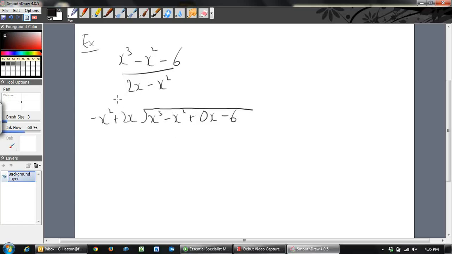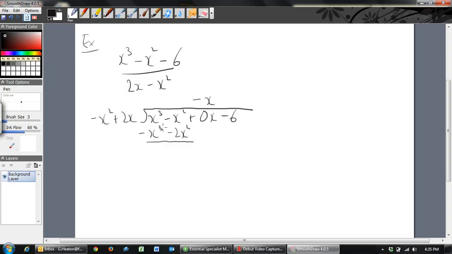Right. What do we need to multiply negative x² by to get x³? We need to multiply it by negative x. And so here's our x column here, so negative x. Negative x times negative x² is x³. Okay, so that's what we want there. We want to match that up. Negative x times positive 2x is negative 2x².